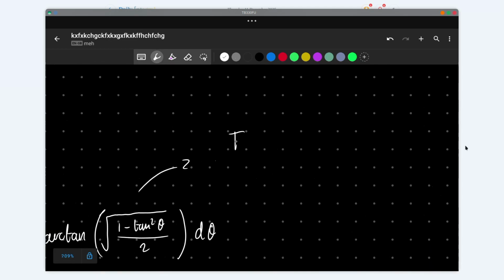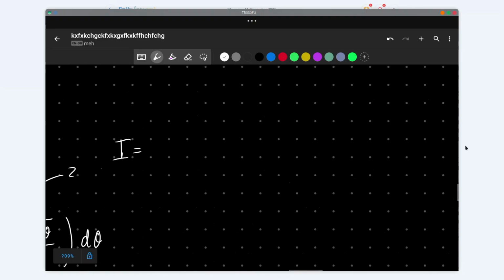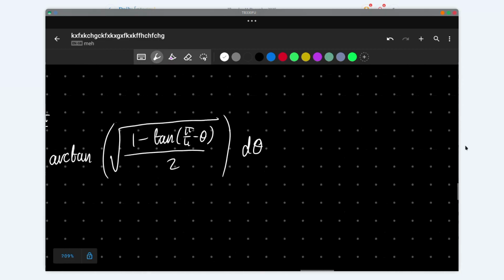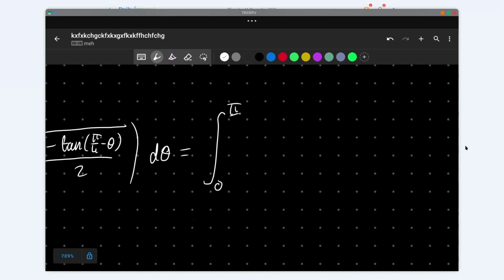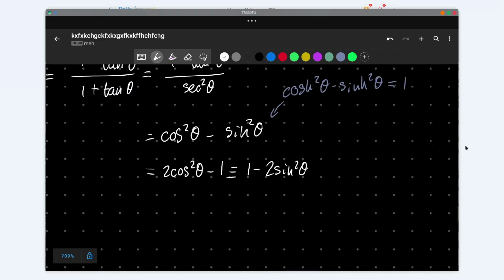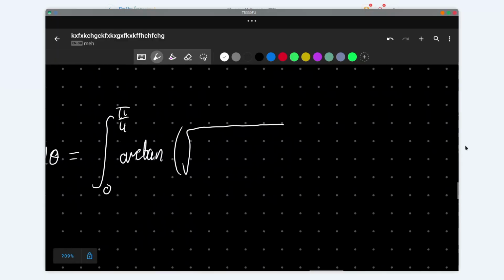So in this case, we know that the integral is literally just from 0 to pi over 4 of arctan of the square root of 1 minus tan of pi over 4 minus theta over 2 d theta, which we've discovered is equal to the integral from 0 to pi over 4 of arctan of the square root of, going for the sine case, 1 minus 2 sine squared theta over 2 d theta.